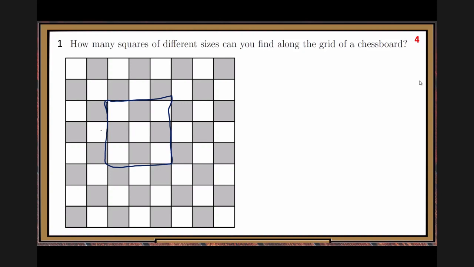Technically it's 8 if you count the single square. Yes, I think it's 8 different squares. Regarding the sizes, we can easily see 8 different sizes.